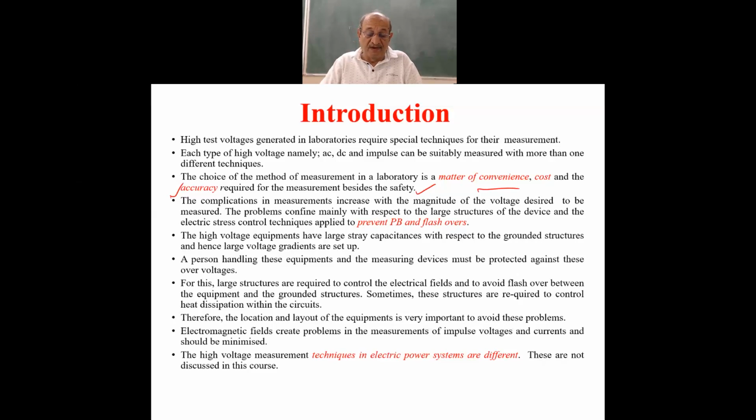The location and layout of equipment is also very important to avoid stray capacitances and partial breakdown taking place at high voltages. All these things have to be taken care of even for the measurement techniques.